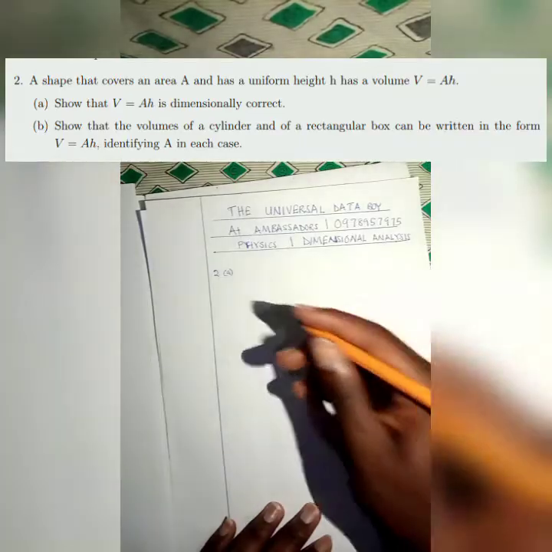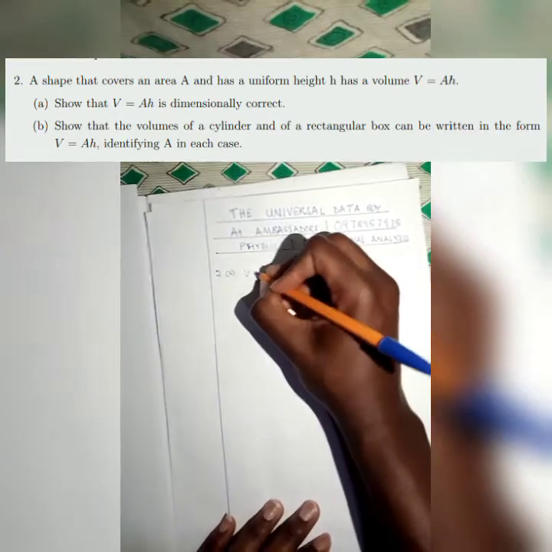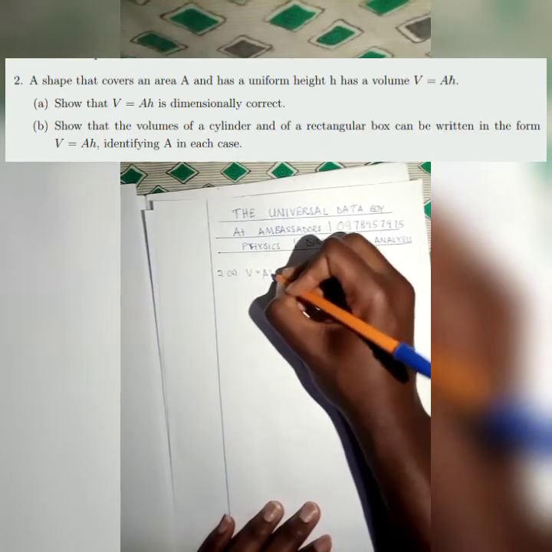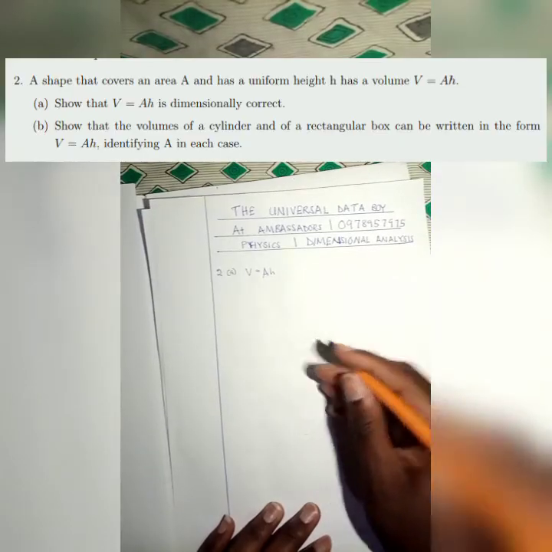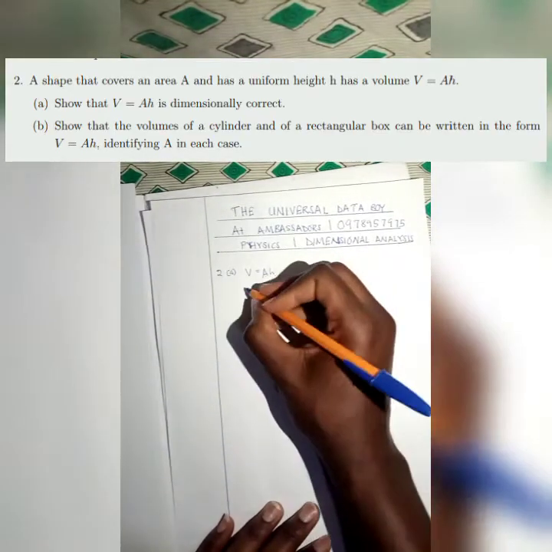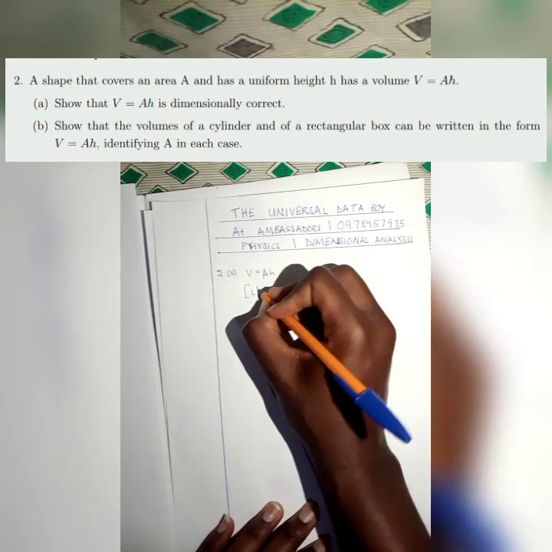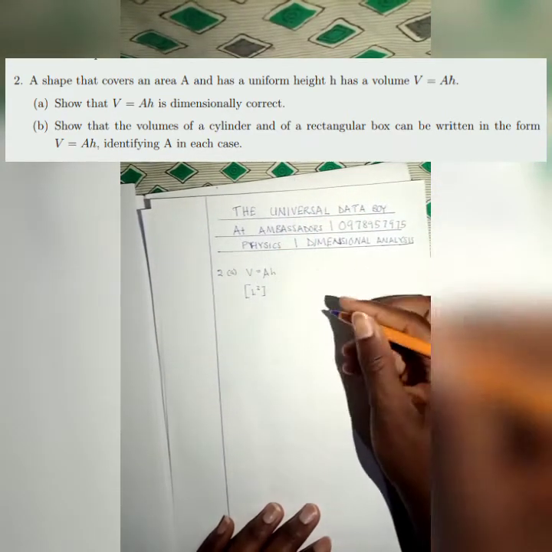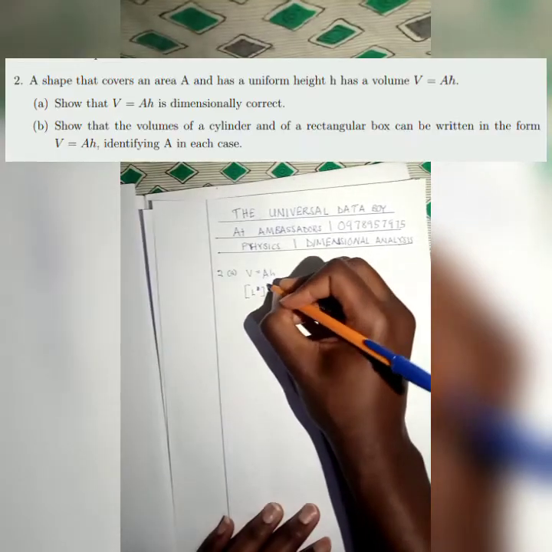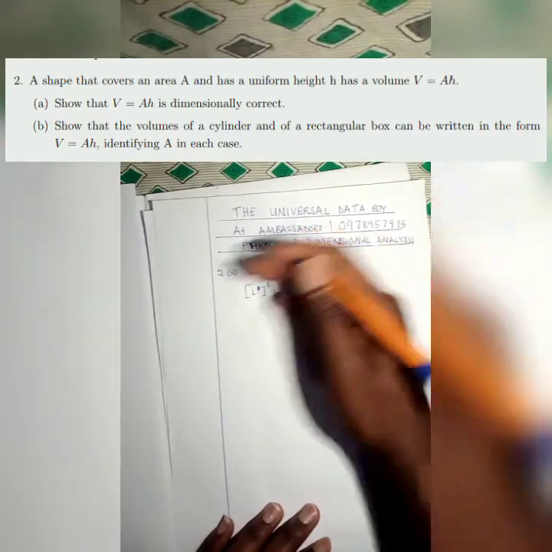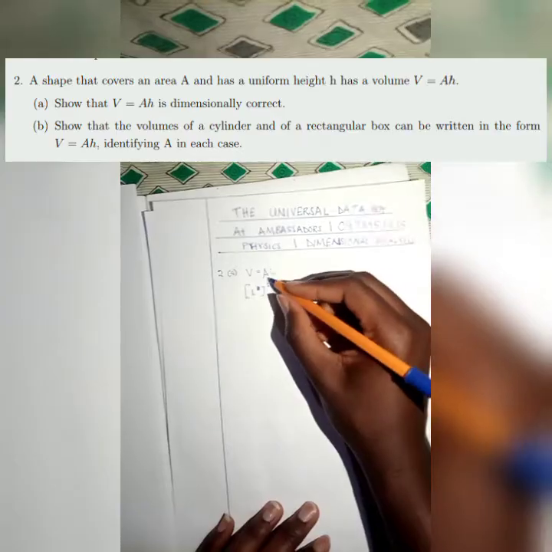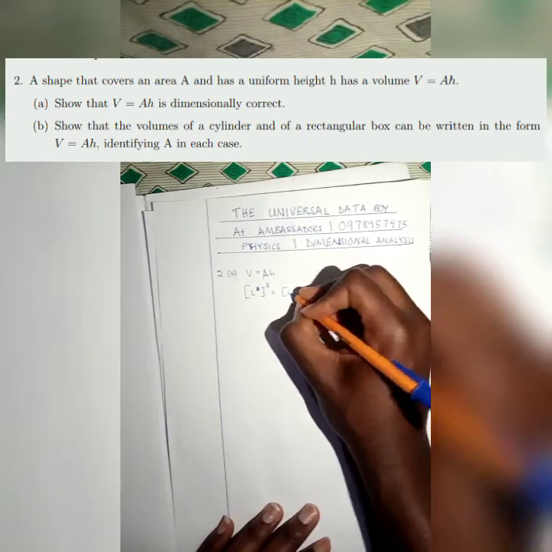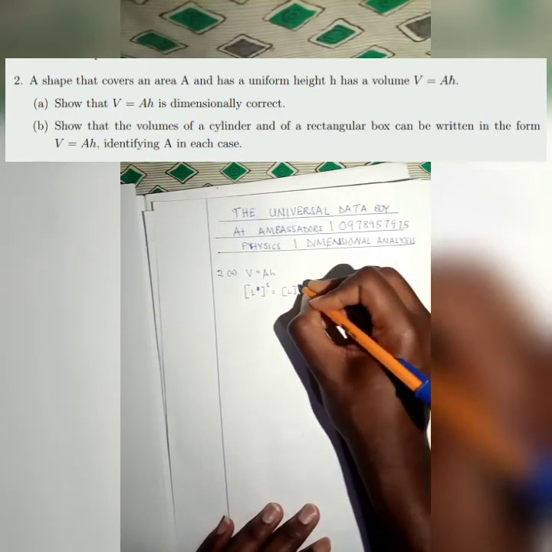To show it's dimensionally correct, let's start with V = Ah. The dimensions of volume are length to the power 3. The dimensions of area are the dimensions of length squared.